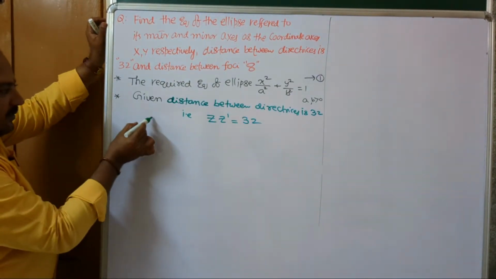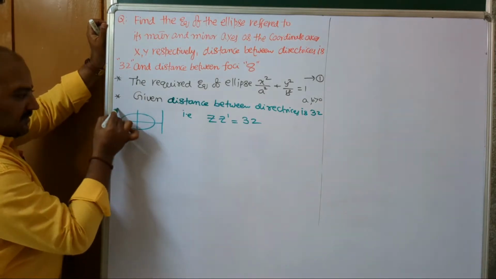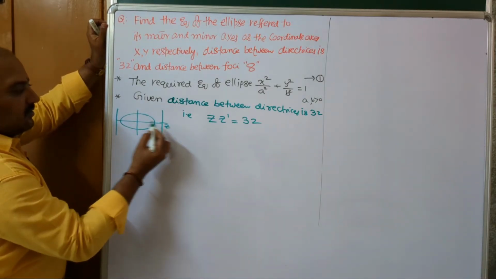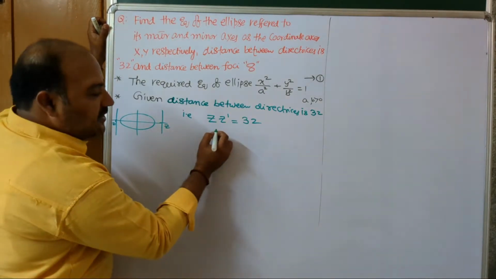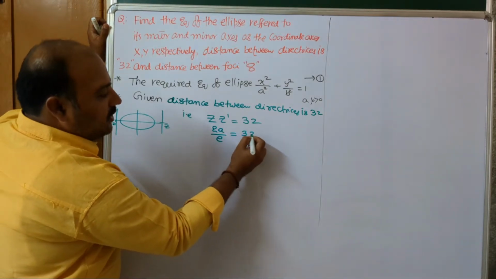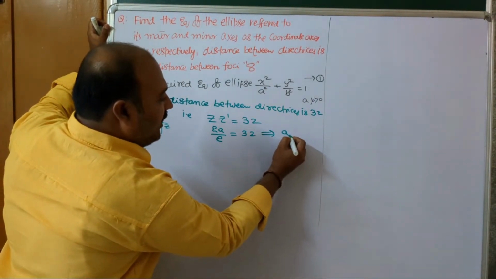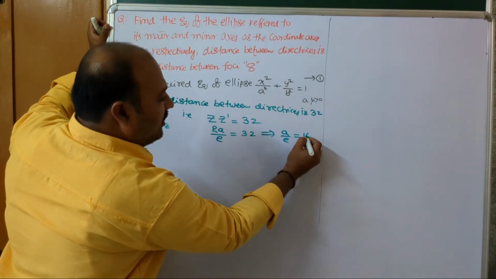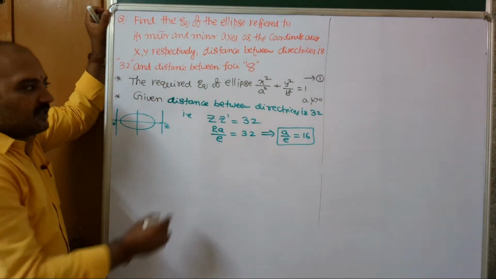So the ellipse figure is like this now. These are the directrices. This distance ZZ dash is 2a by e equal to 32. So that implies a by e equal to 16. So ZZ dash is over.